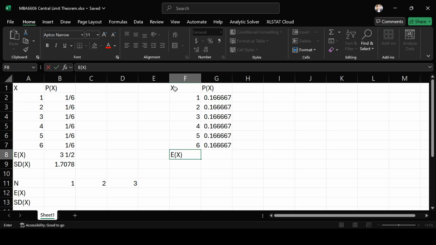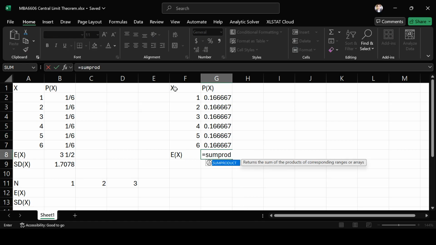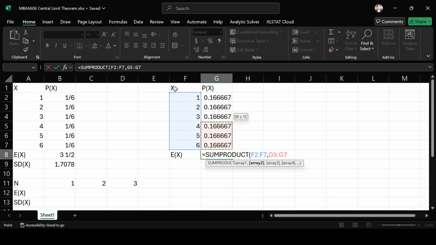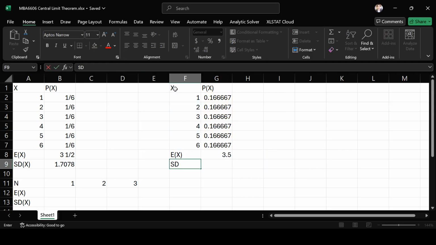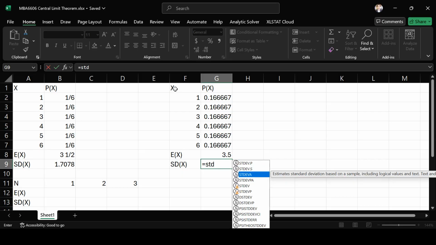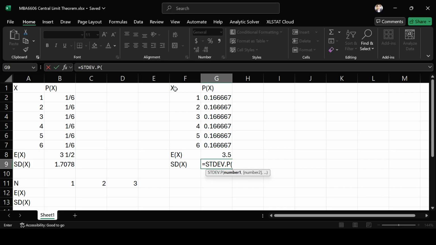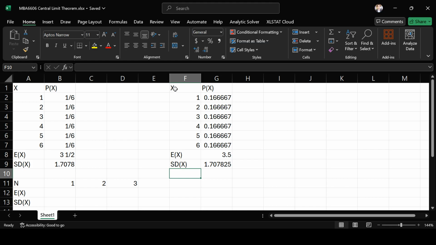Expected value of this single sample is xpx, which is given by the sum product, and the standard deviation of x is 1.7078.